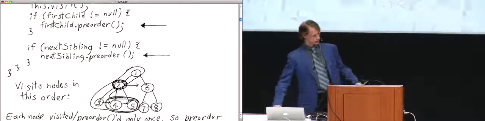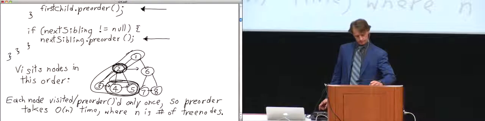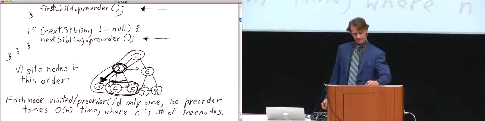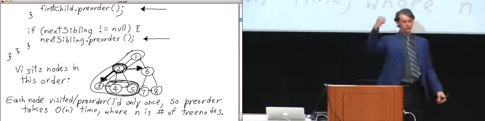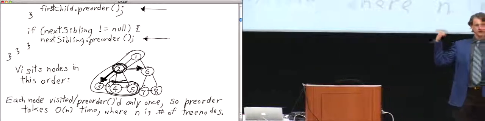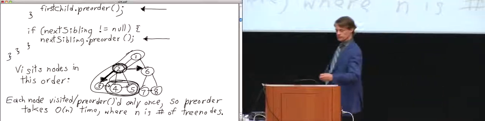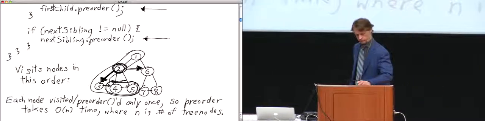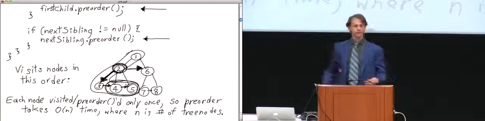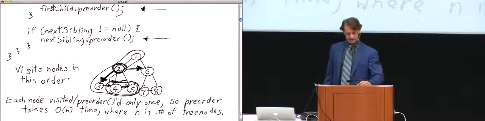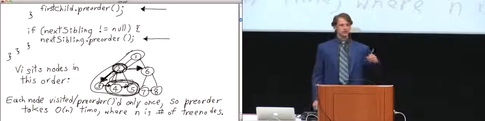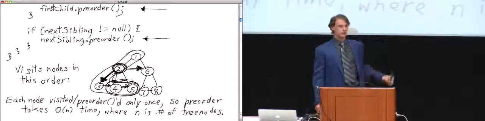So 2 calls preorder on its first child 3 first. Later it's going to call preorder on its sibling 6. But when we call preorder on 3, 3 gets busy and takes care of its siblings recursively before that recursion has a chance to unwind so that 2 can call preorder on its sibling.